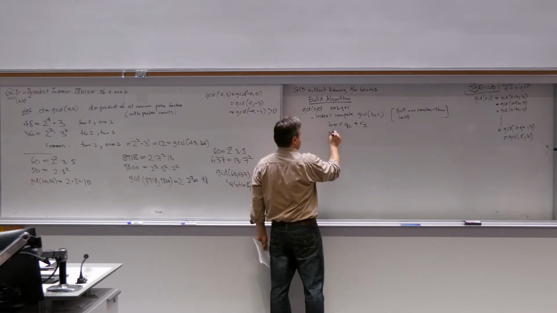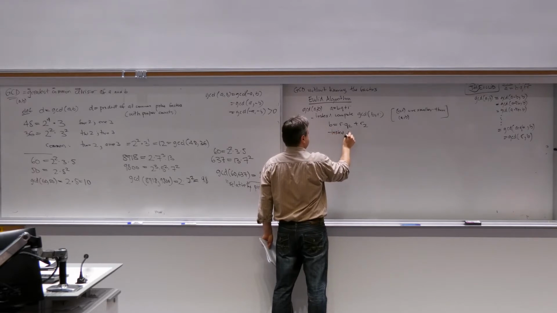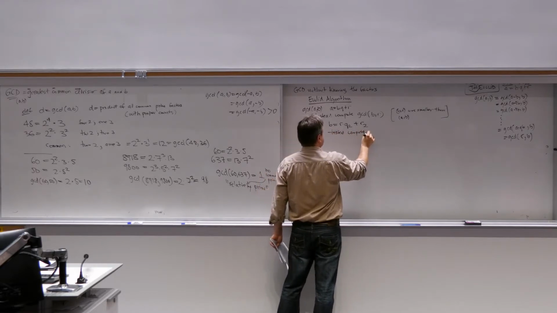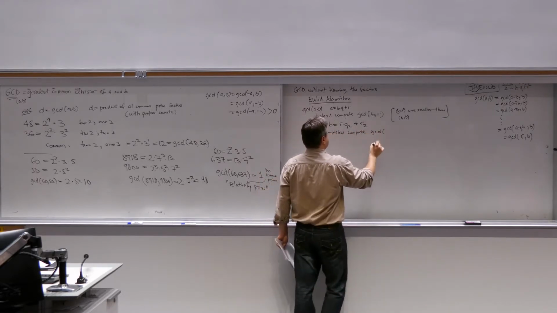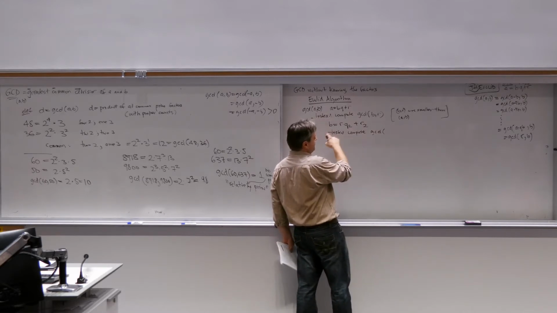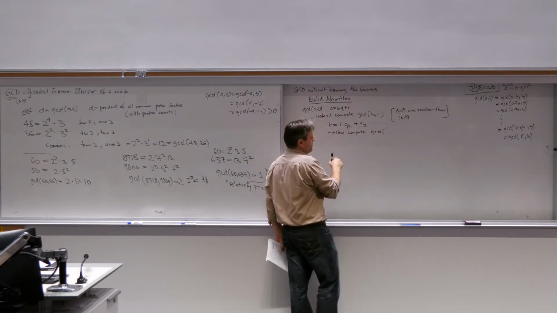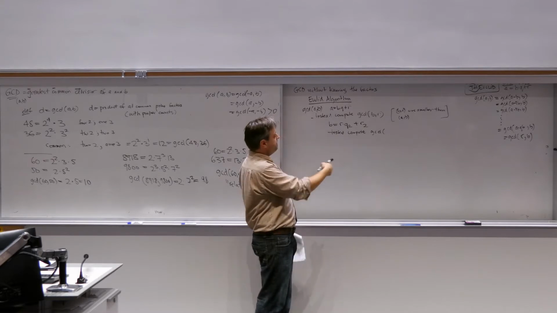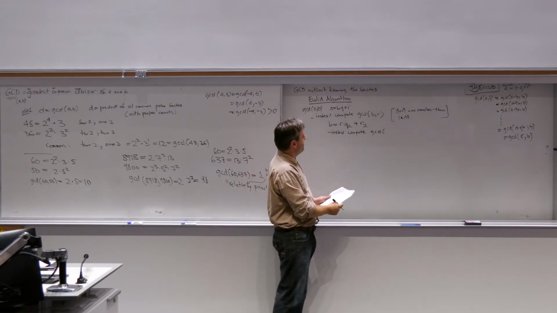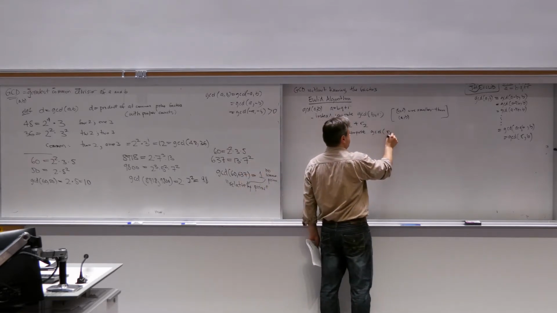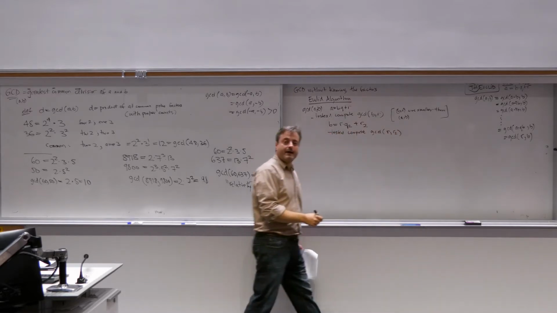So I'm going to say, okay, instead, compute GCD of what are the values that are now B and R for me. R and R2, right? Something like that.